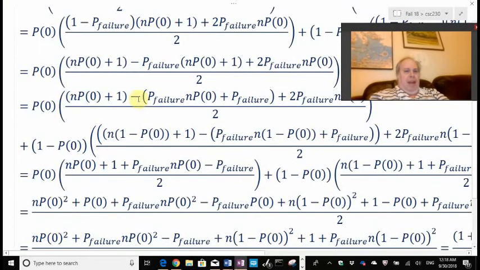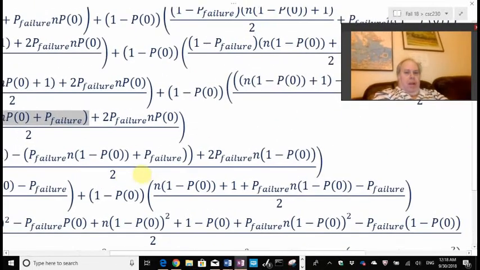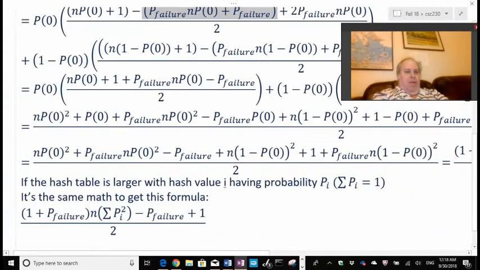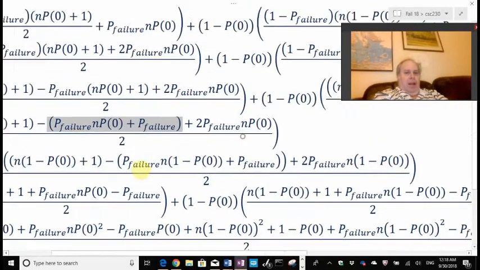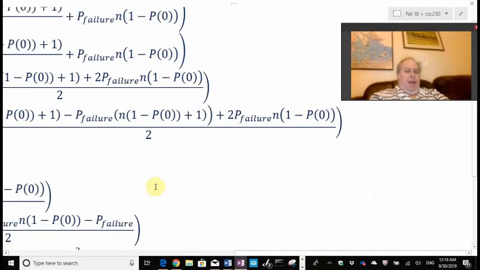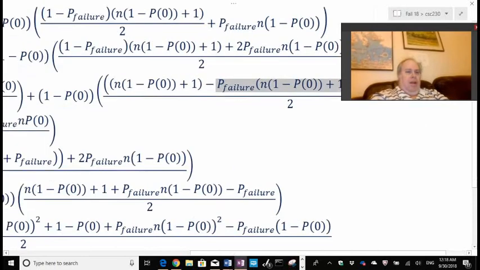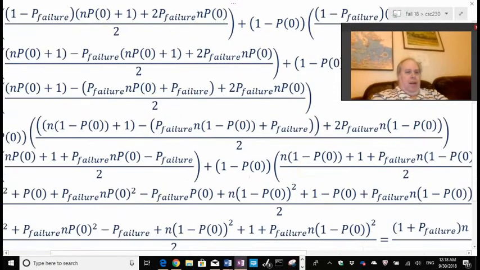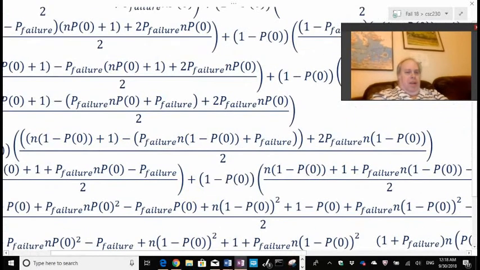All I'm doing is taking this P of failure times this term and distributing it to give me this formula. And I do the same thing over here, taking this P of failure and distributing it into its term over there. That gives me this.